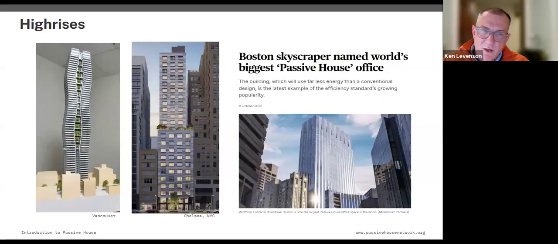So we have a growing number of high-rise construction. A lot of it's residential, but this building in Boston on the right, which was completed a year and a half ago, is the world's biggest certified passive house office building. And it's wrapped in glass. It's not all vision glass.